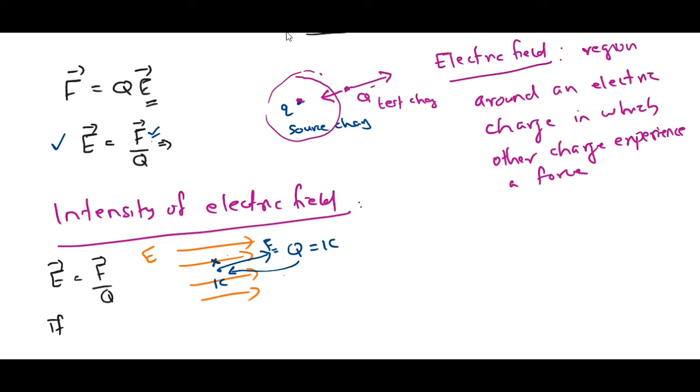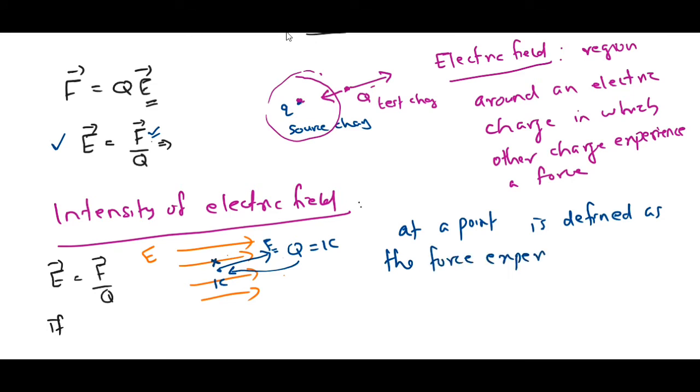That is, here the electric field intensity can be defined. The intensity of the electric field at a point is defined as the force experienced by a unit positive charge placed at that point.